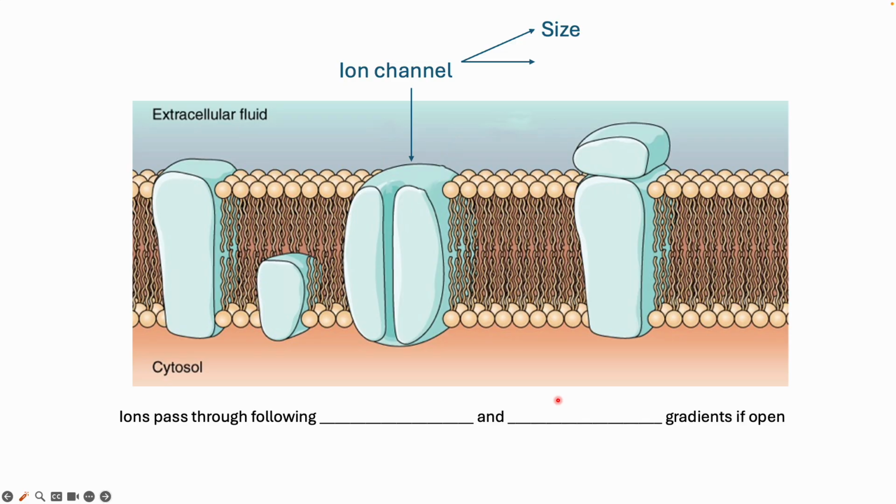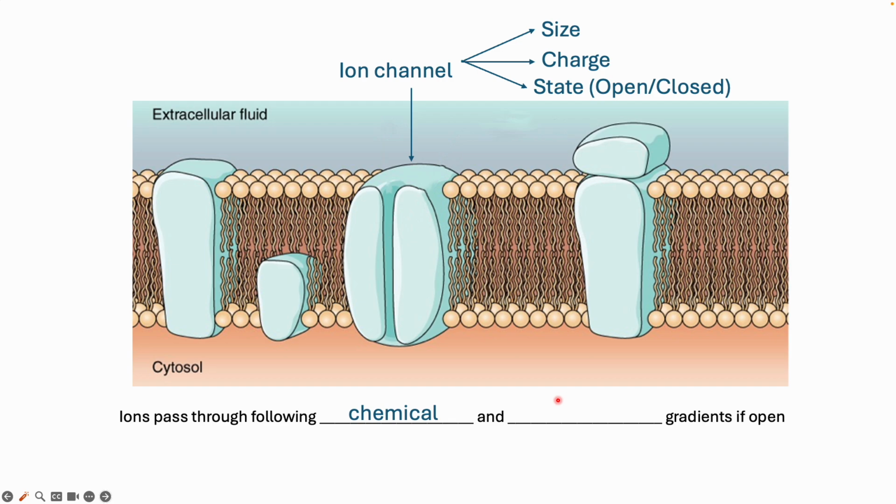This can be due to the size and the charge of the particle. And then what else determines whether something will move through the ion channel is its state, whether it's open or closed.